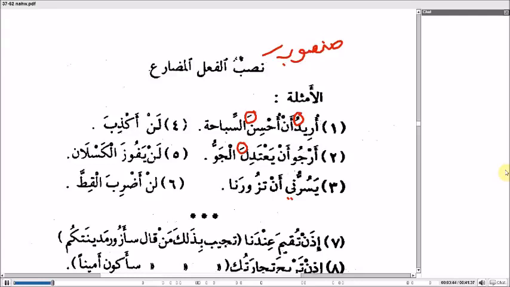Yasuruni, it makes me happy, and tazurana, that you visit us. And tazurana, after an. Yasuruni, again, marfu', right? Yasuruni and tazurana, it makes me happy that you visit us. Inshallah, we'll visit you soon, Yasin, inshallah.